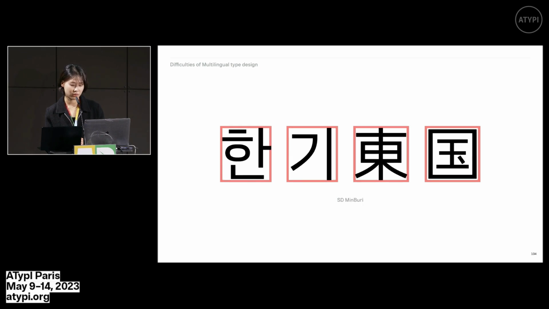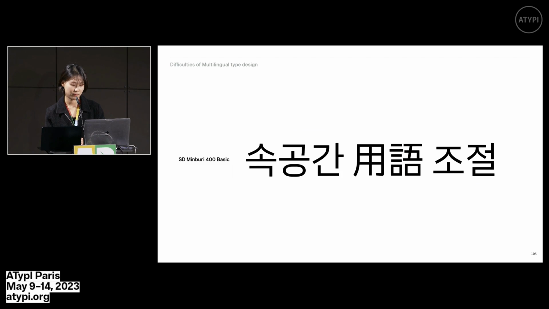So it was difficult to make the letterface size of the Hanja even bigger than normal, and that made it hard to put the enormous Hanja of SD Mimbri in the body frame. And the counters of Hanja are also hard to make bigger because they are already big and have so many strokes. So we tried to design this to harmonize Hanja and Hangul.